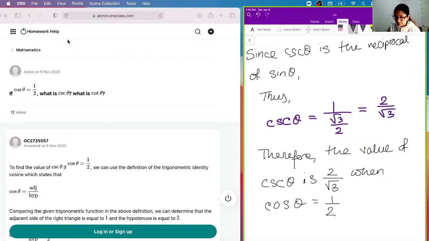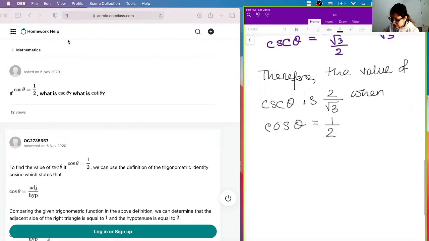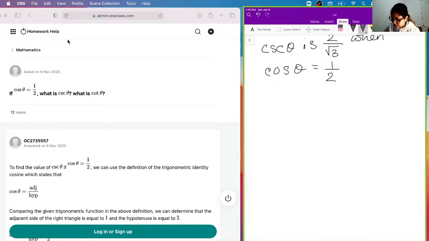And then the second part of the question says, what is cotangent of theta? Now, to find cotangent of theta, if cos theta is equal to a half, we use the derived values of the adjacent and opposite sides of the right triangle in the computation above.